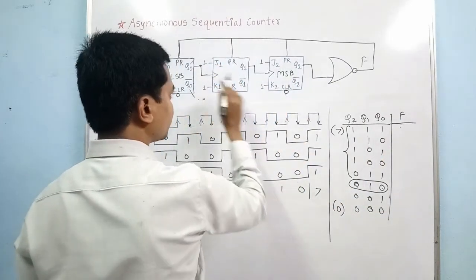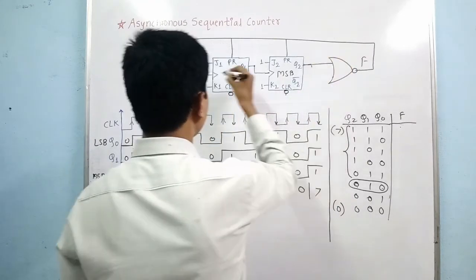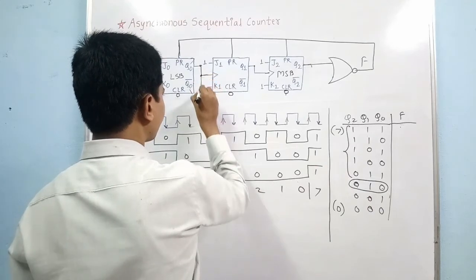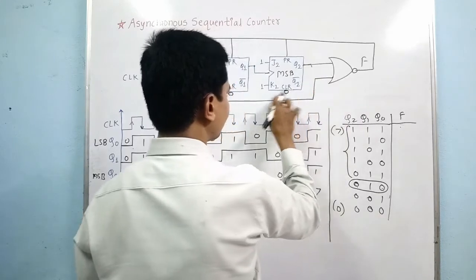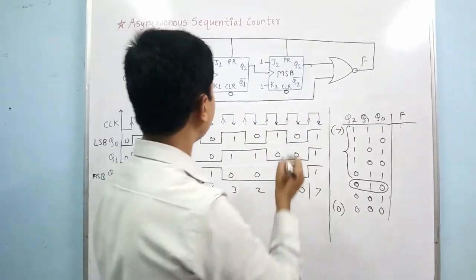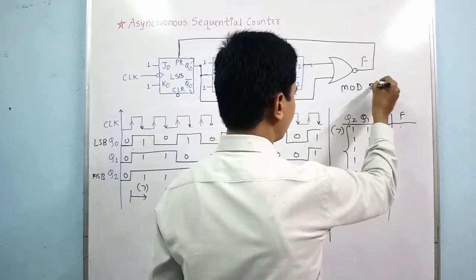I will just draw here Q2 and Q0, like this. So this is our mod 5 down counter.